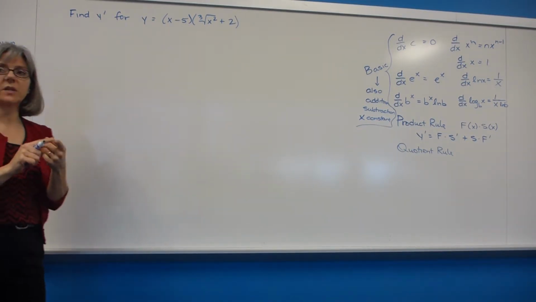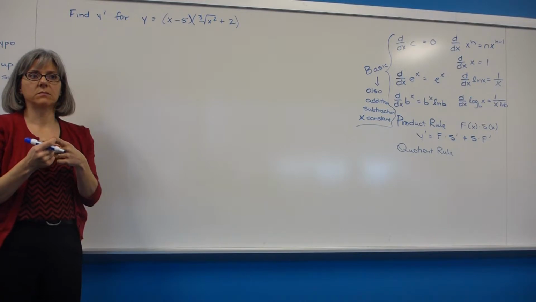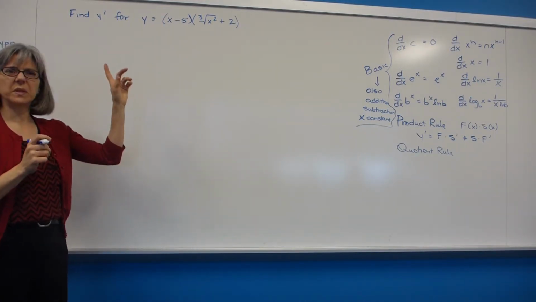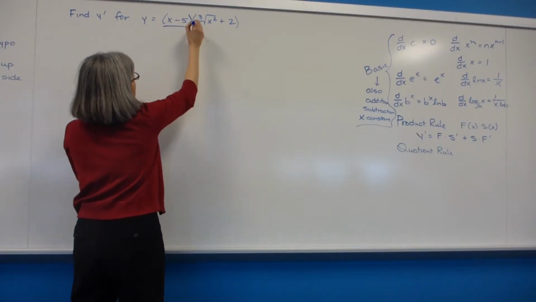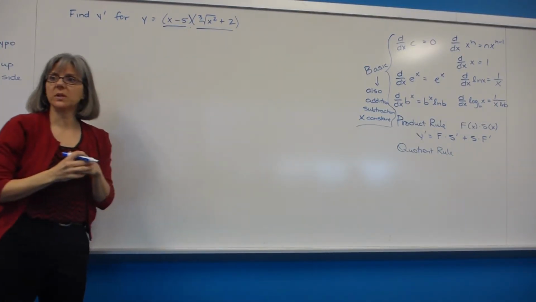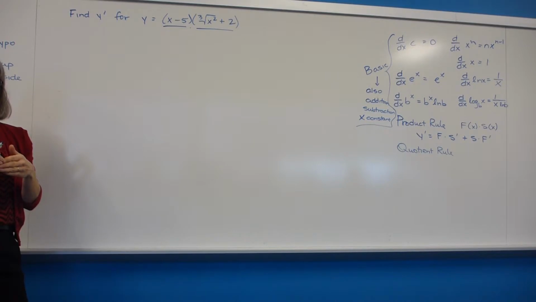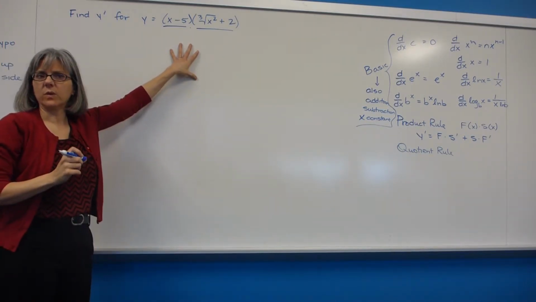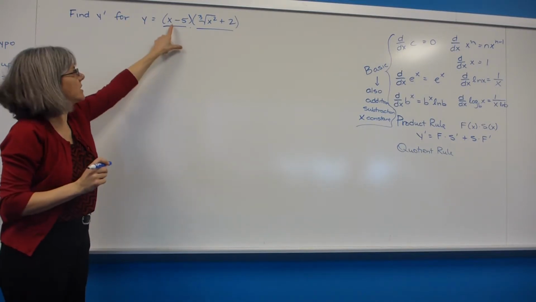So the very first question is, is it a basic? No, right? And not just because we see cube roots and things, but because we have one function times another function. That's what puts it in the product rule. We have a whole function times another whole function. Are we ready to do the derivative with it as it stands? No. I mean, this one's good, but this.